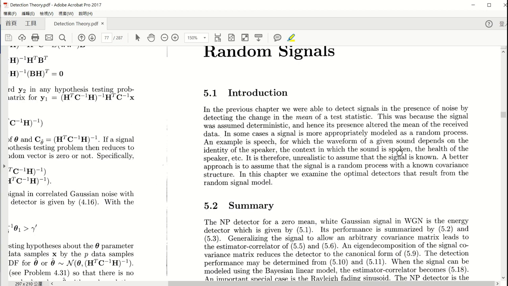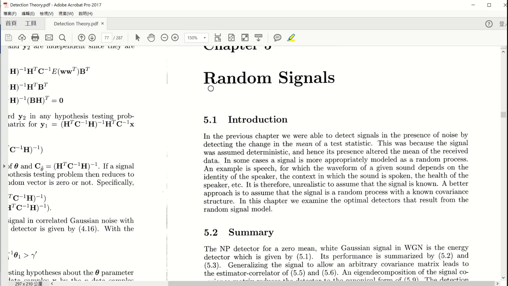So there is not a deterministic form for the signal. As a result, we will not be able to model the problem as a deterministic known signal. We have to model the problem as a random process.